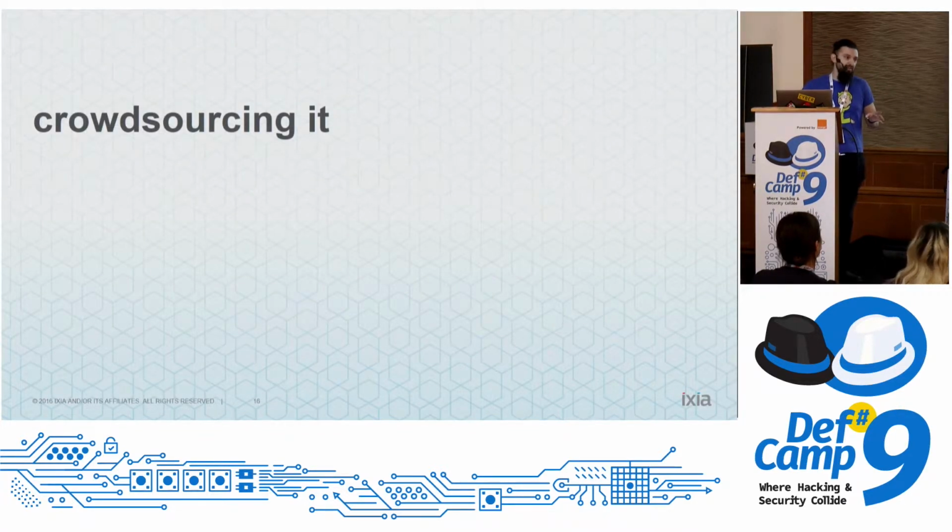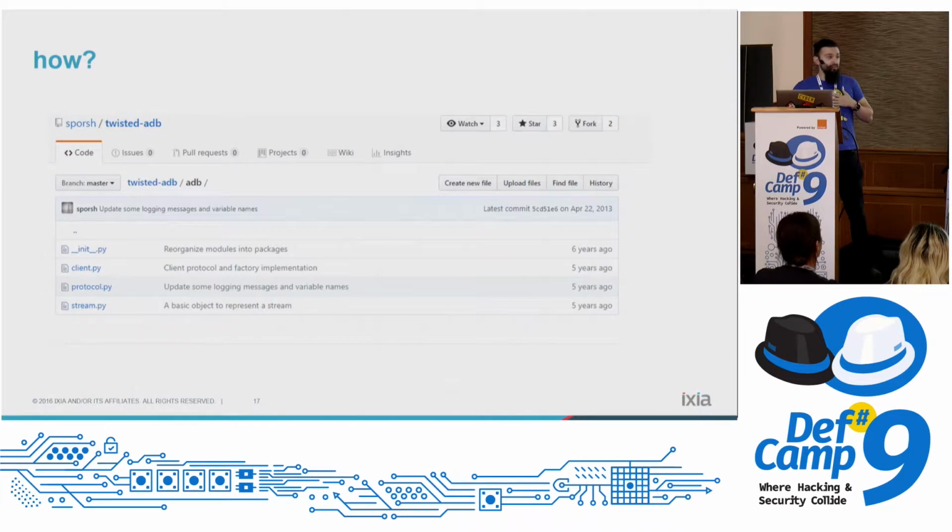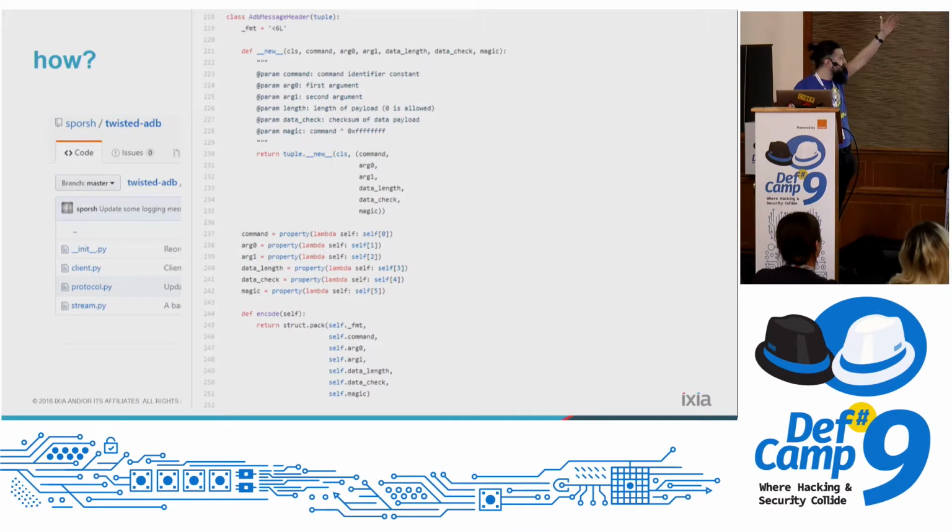So I started crowdsourcing. I had a few contacts. I started asking around. I found this amazing guy who gave me permission to use his pre-built classes for building the basics for my protocol decoding.